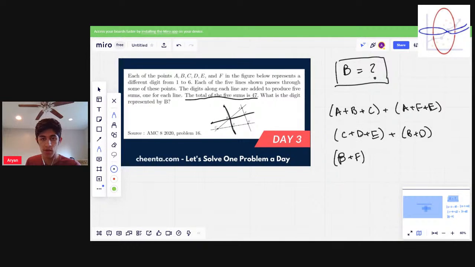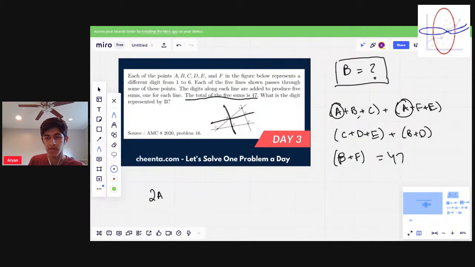And we know that when we add all of these together, our total has to be 47. So if we open up the parentheses and simplify this a little, we should hopefully get something useful. So let's start with the A's. We have 1A right here, we have another A right there, so you get 2A. Now if we go to B's, we notice we have 3 B's, so 1, 2, and 3. So we have 2A plus 3B.